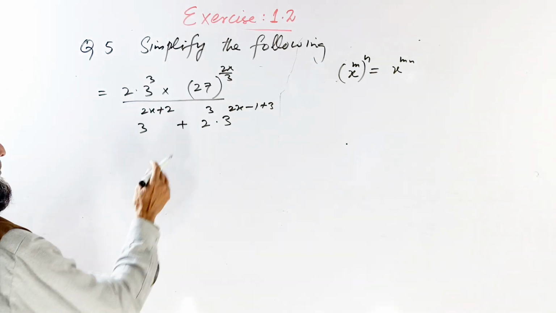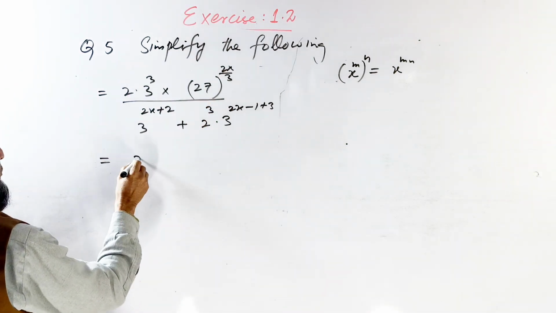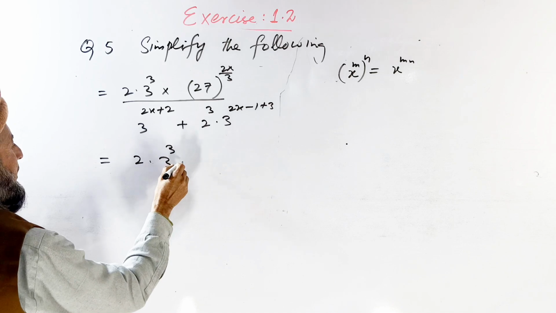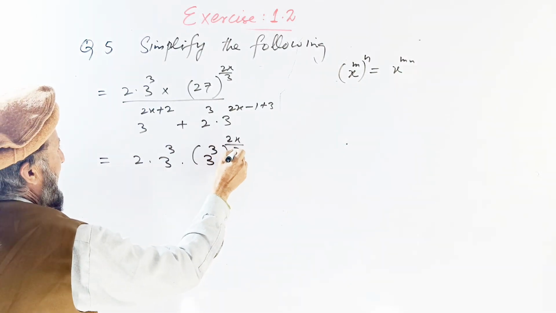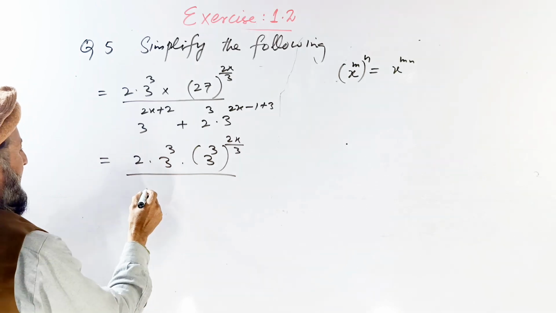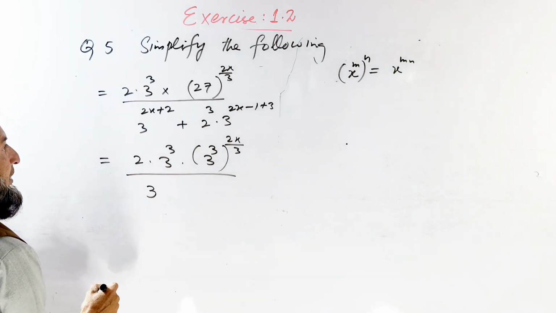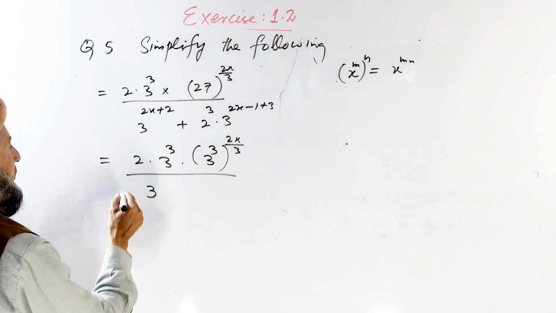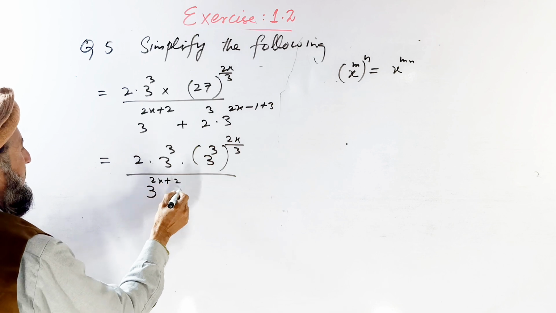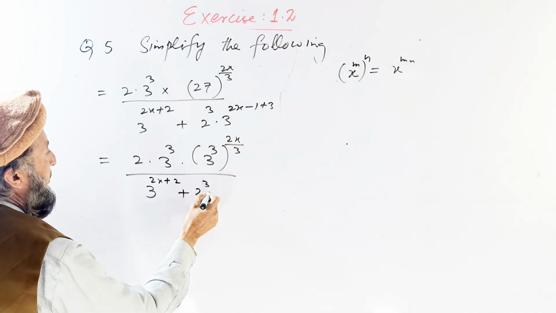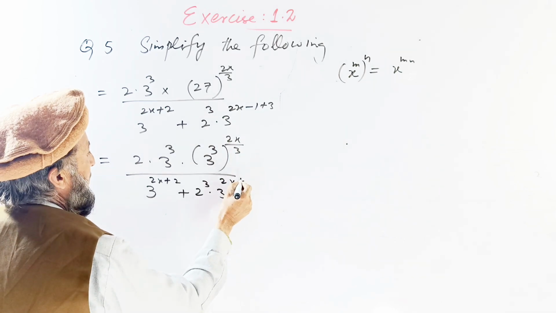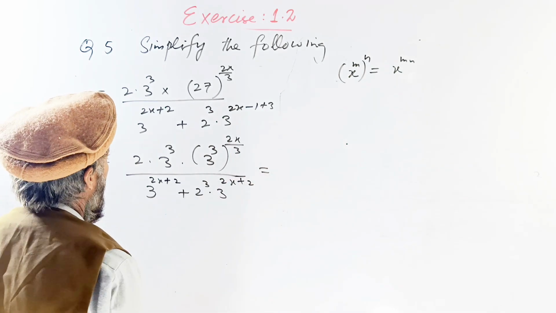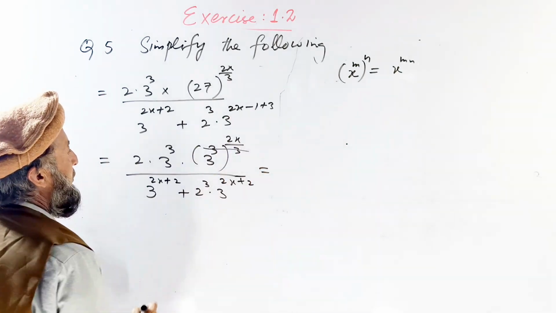Further we can simplify, we can write 27 2 into 3 power 3 and to 3 power 3 whole power 2x divided by 3, and this will be right, we can write 2x plus 2 plus 2 cube and to 3, here is 2x 3 minus 1 plus 2. Next, this is cancelled to each other.